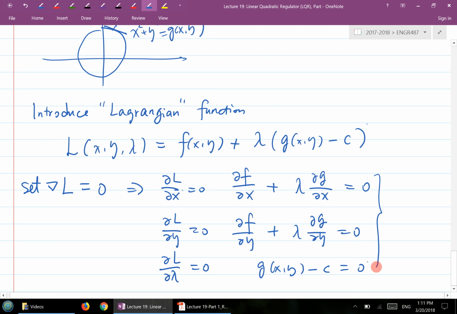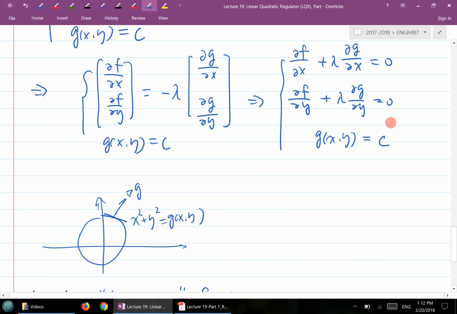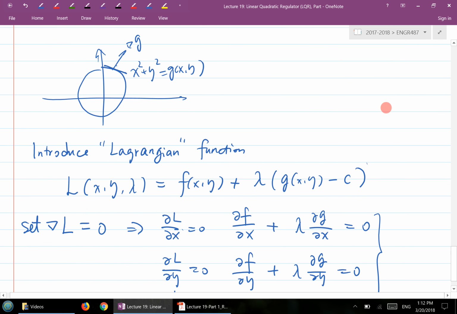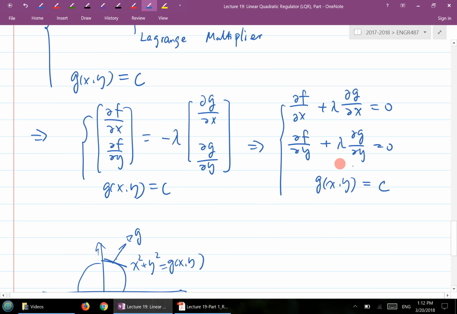If you take a look at these results, that's essentially the three equations I just wrote down. It's the same equations as written here. So the newly introduced Lagrangian function becomes an unconstrained problem, and the result is the same as this constrained problem, with an extra variable.